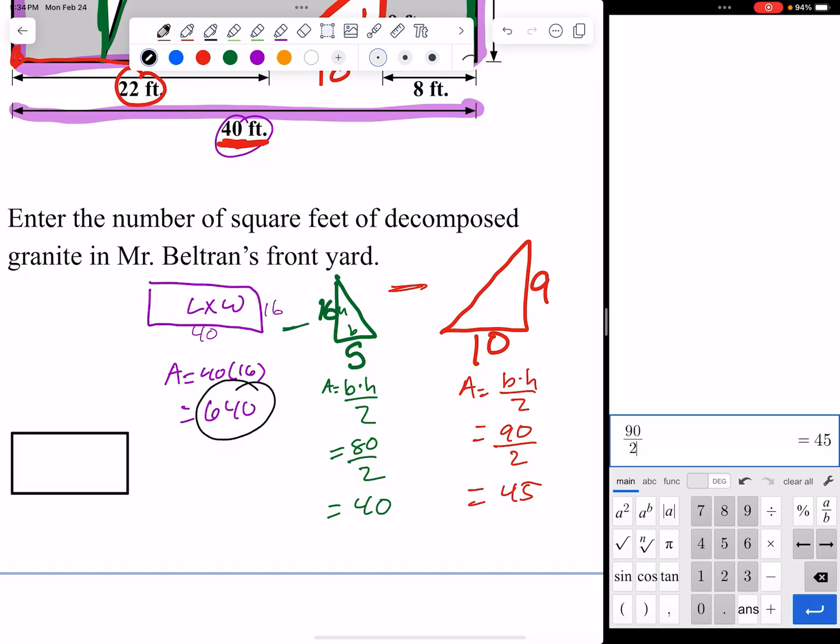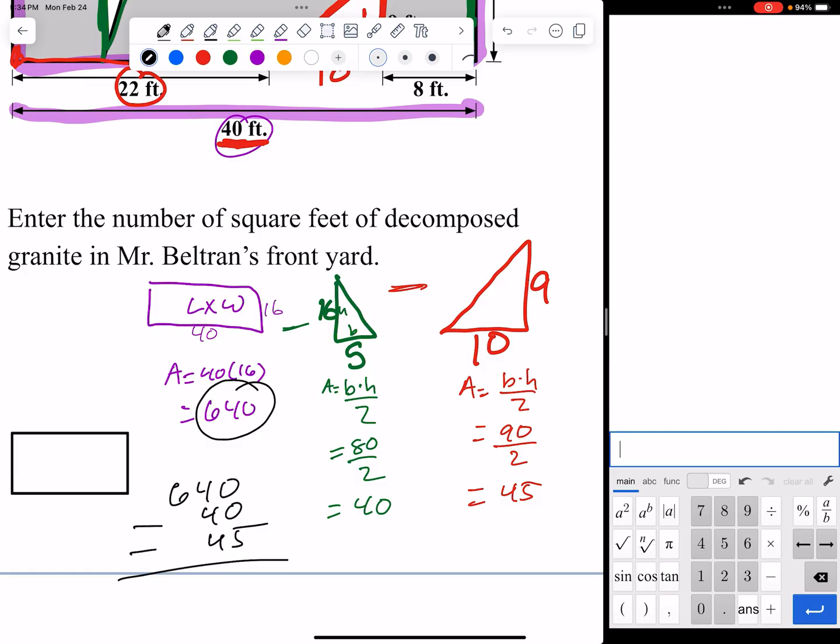I'm going to take 640, subtract 40, and subtract 45. So let's put that in our calculator: 640 minus 40 minus 45. And I get, well, it looks to me like a funny number, but whatever, 555. And I think I'll be happy with that number. That should be okay.